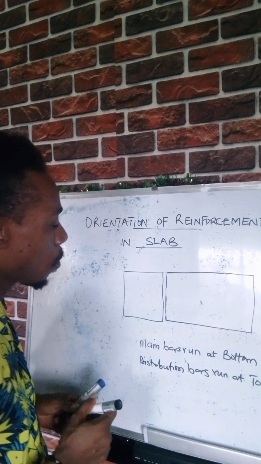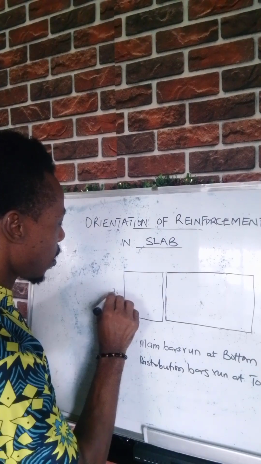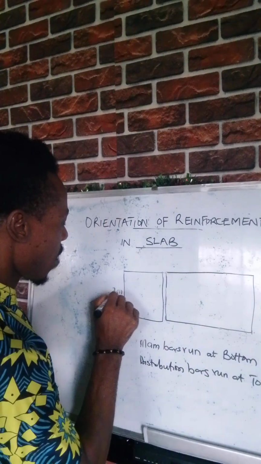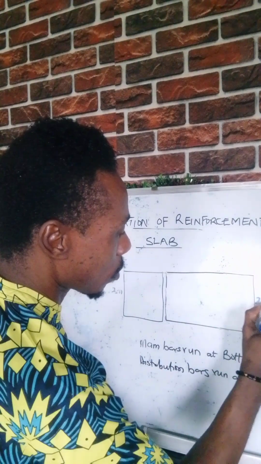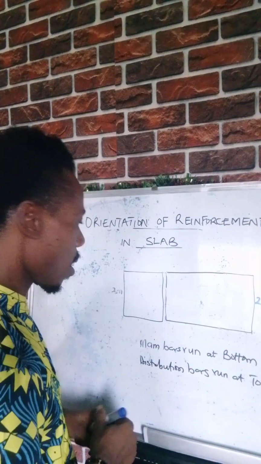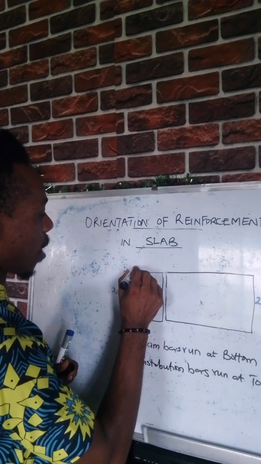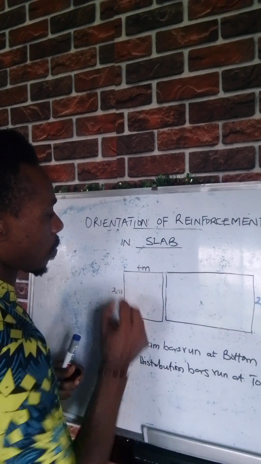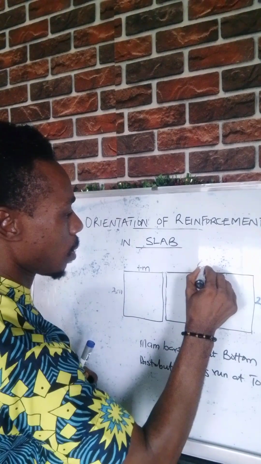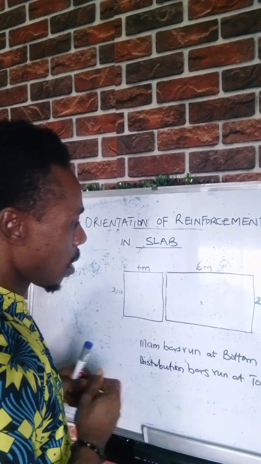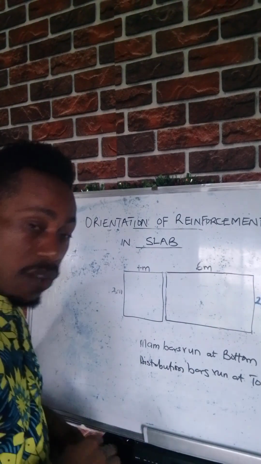For example, we have here as 2 meters, this way 2 meters, then this part as 4 meters, then here as 6 meters.